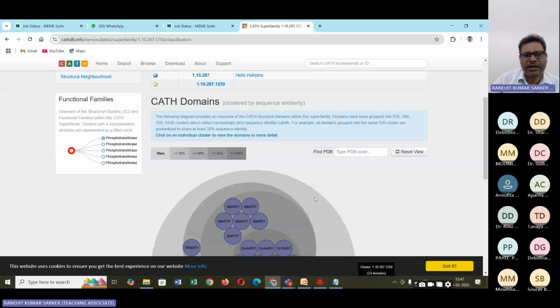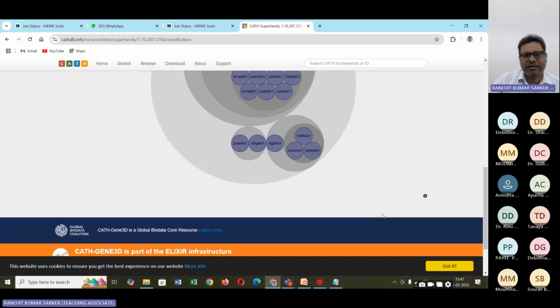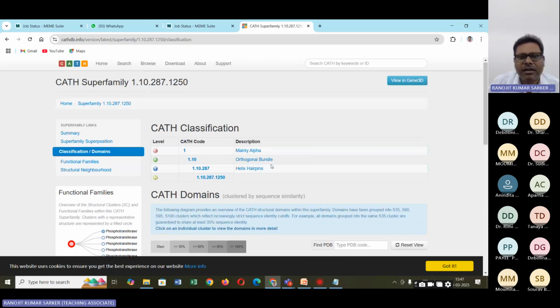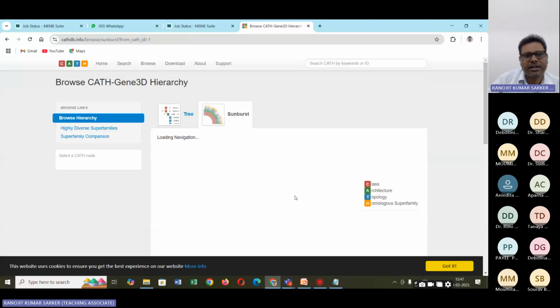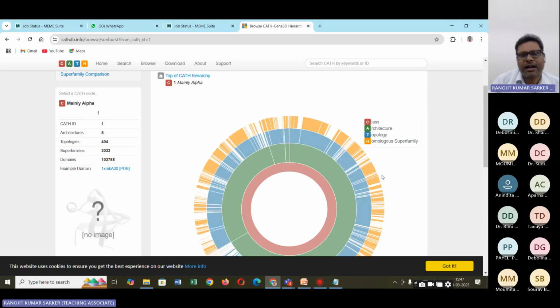These are the different domains or regions. The structure is mainly alpha. You see, these are mainly alpha type of structure.